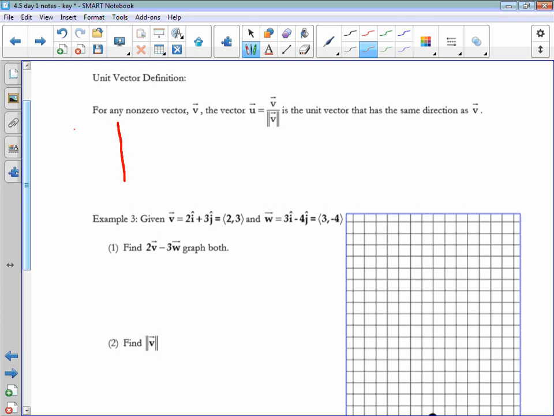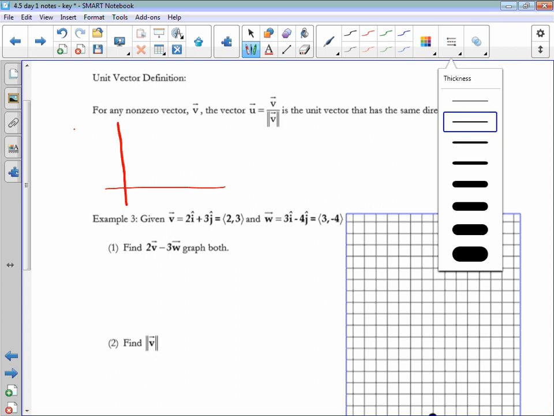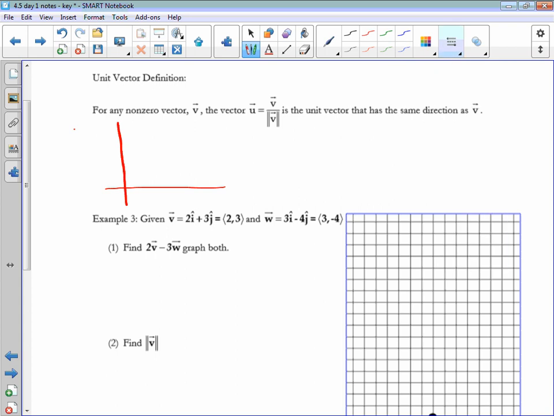Here's my XY grid. Let's say I have some vector V. Here's 1 on this axis, and here's 1 on this axis.